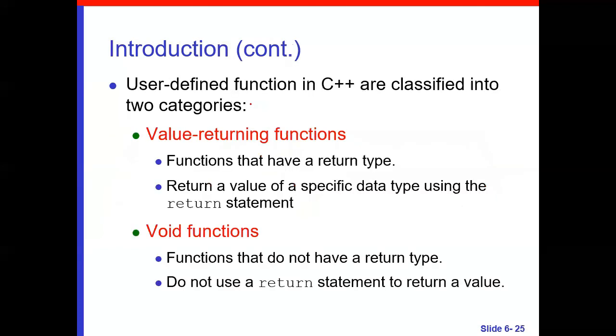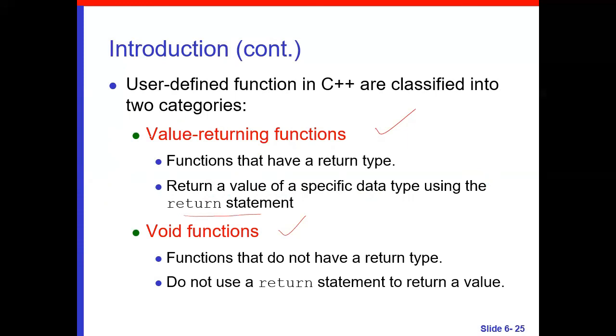Next, user-defined functions in C++ are classified into 2 categories: the value returning function and the void function. First, what does the value returning function mean? It means the function has a return type and returns a value of a specific data type using a return statement.